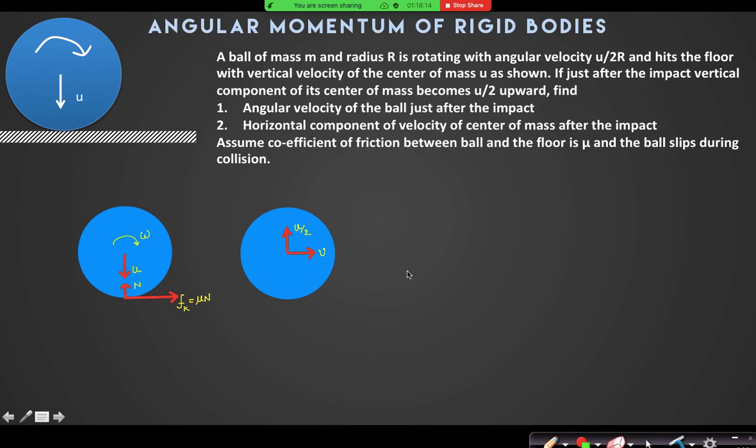So if I write the impulse momentum equation, can I write that integral of N dt is equal to m into u by 2 minus m into minus u? Just check.